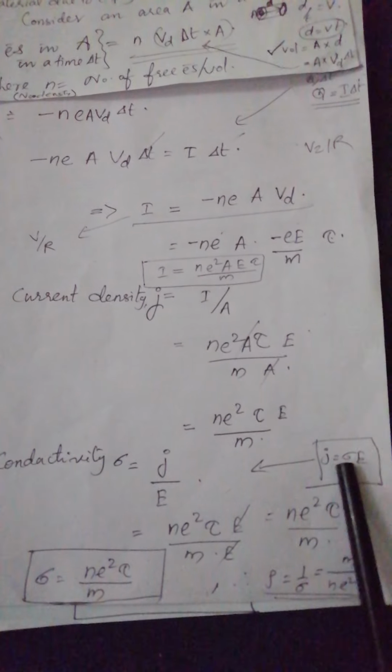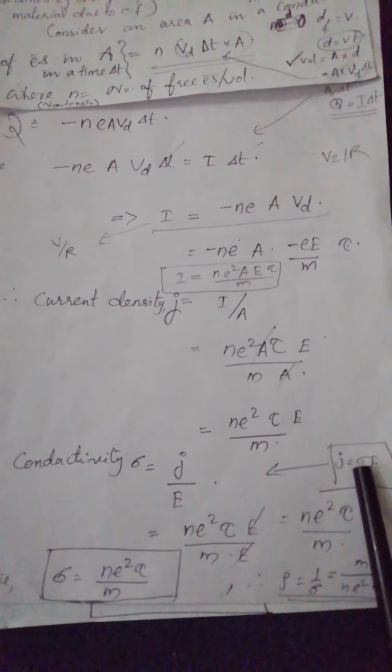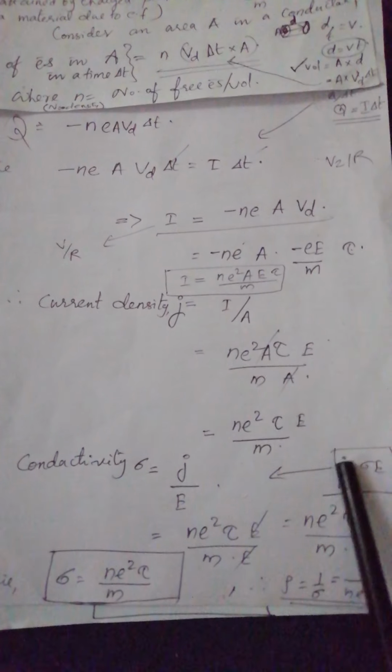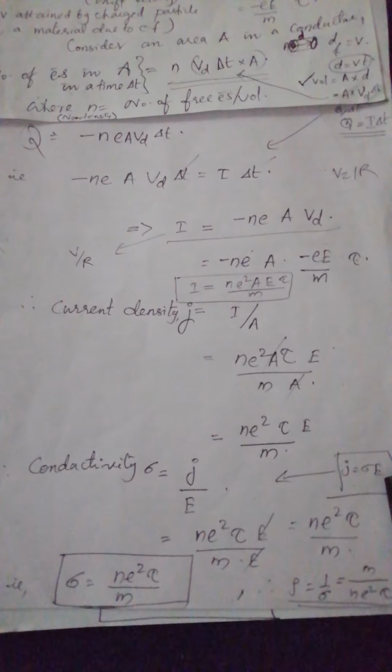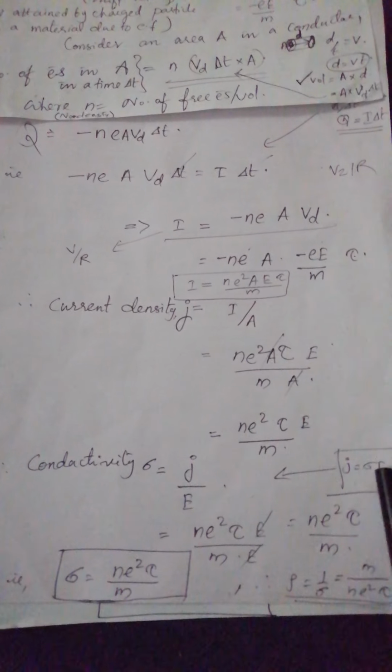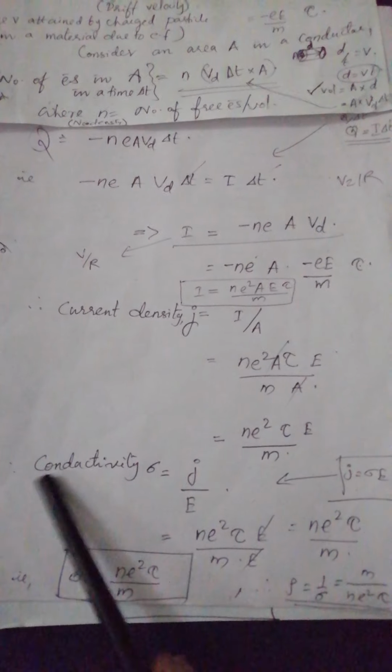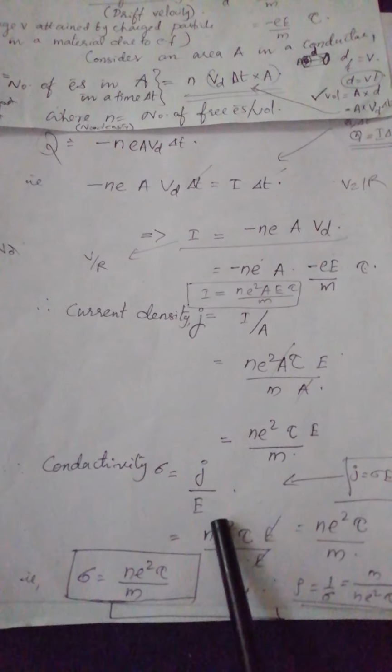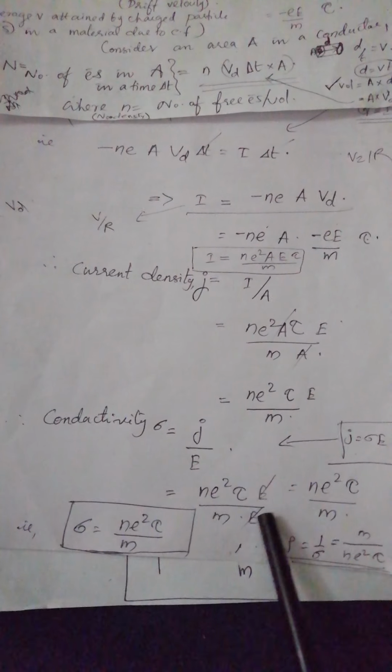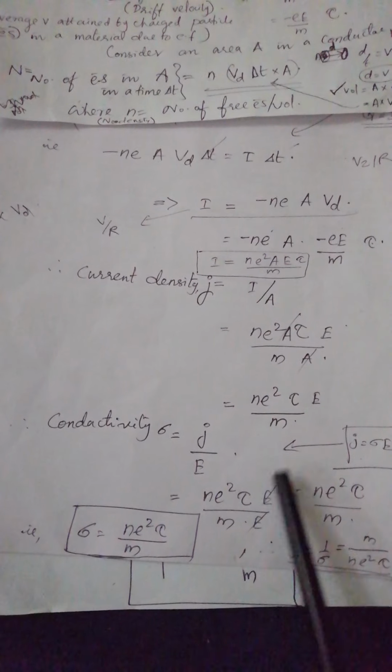Now current density is related to conductivity sigma as J is equal to sigma into E, or sigma we can write J divided by E. J here is N e square tau E by m divided by this electric field, so E will get cancelled.